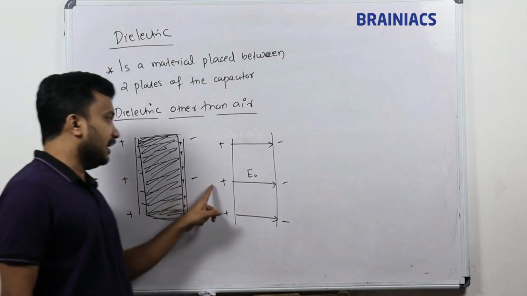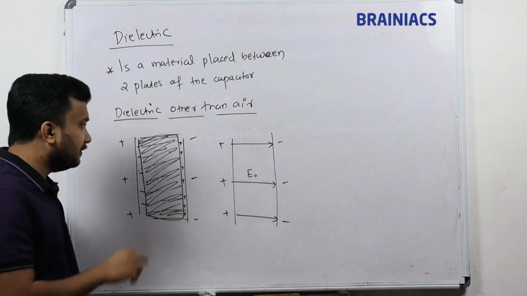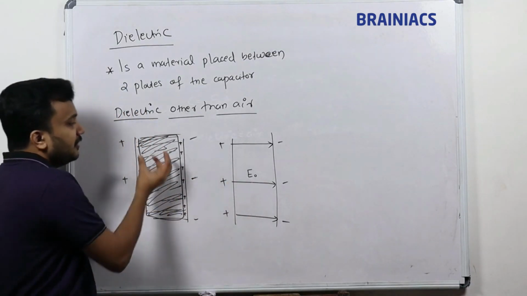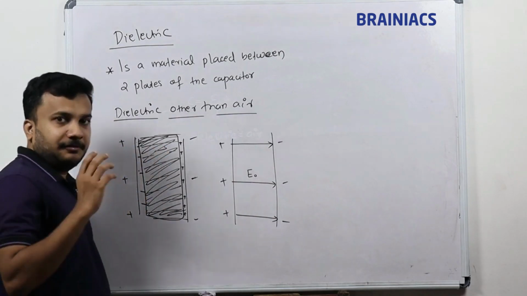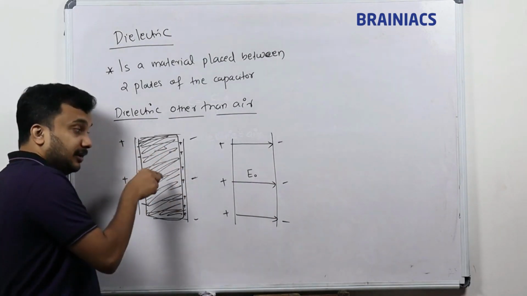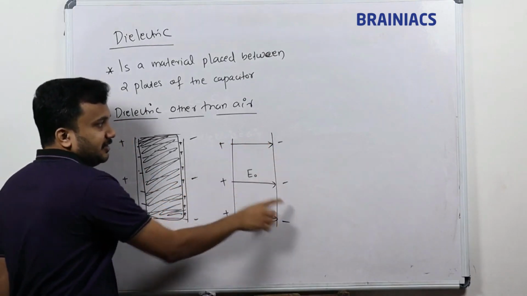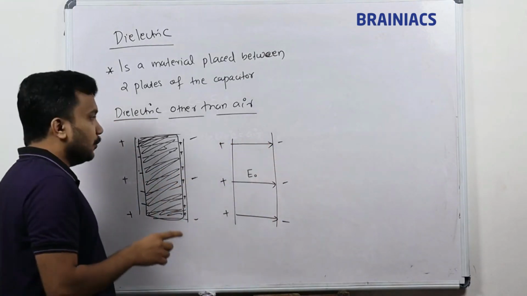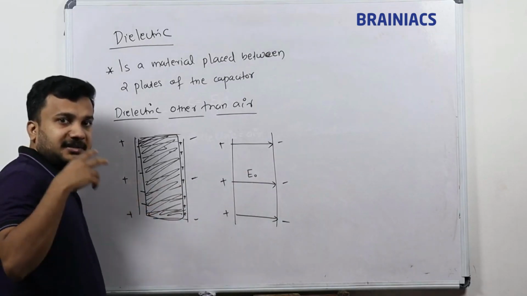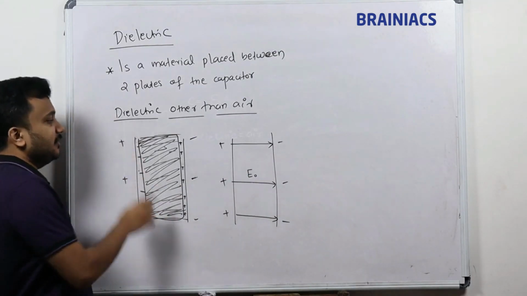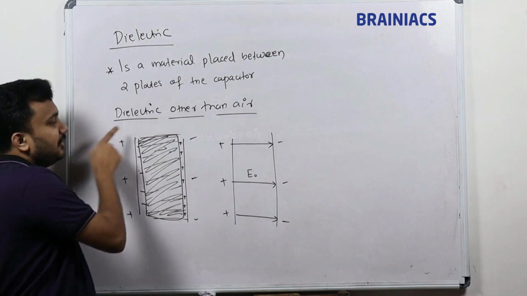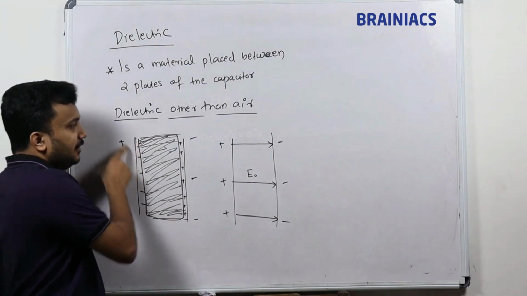Whenever air is there, induced electric fields are not formed. Only the positive and the negative plates will be there. So if I place any other material other than air, what will happen? This positive will induce a negative and this negative will induce a positive.